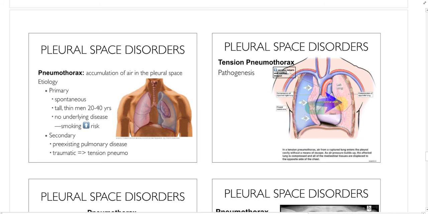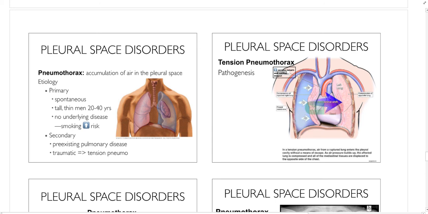When we push over this direction too much, we're going to cause this mediastinal shift. That mediastinal shift is going to create pressure on the heart and on the other lung that's not affected, creating a whole host of problems. We're going to have a decrease in cardiac output. We're going to make breathing that much more severe.